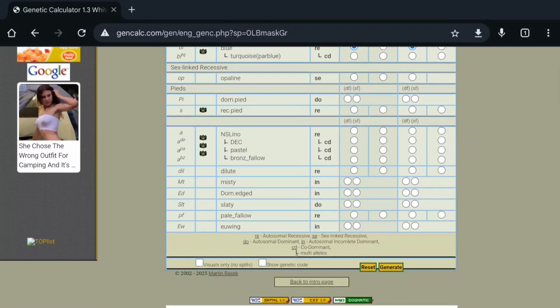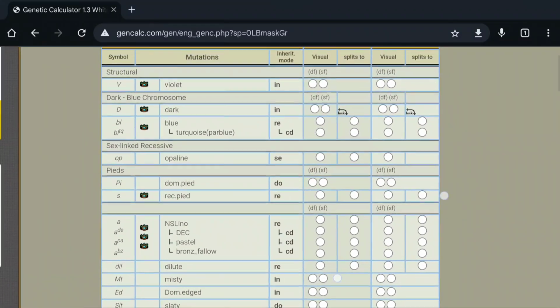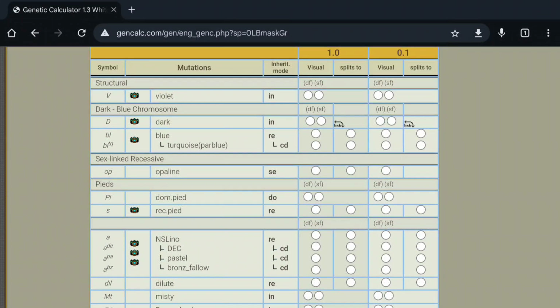Again, let me reset it. Let's assume we are working again with a blue bird here. Let's consider we want to select blue opaline male and just a green opaline female.